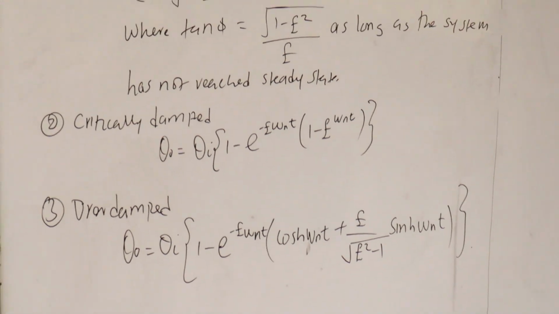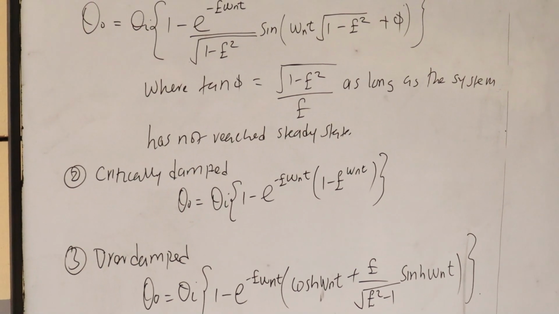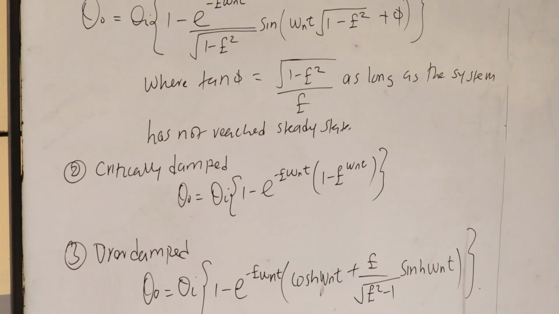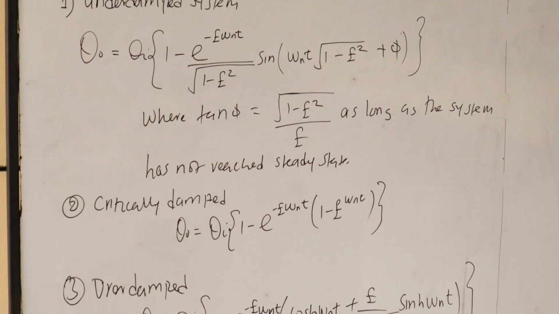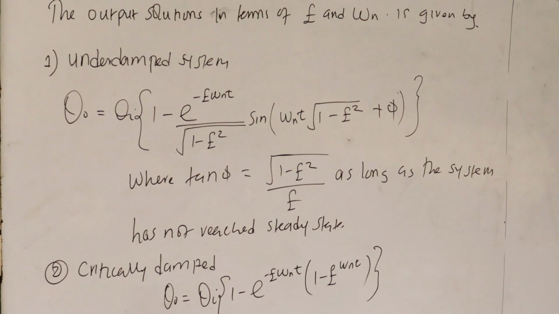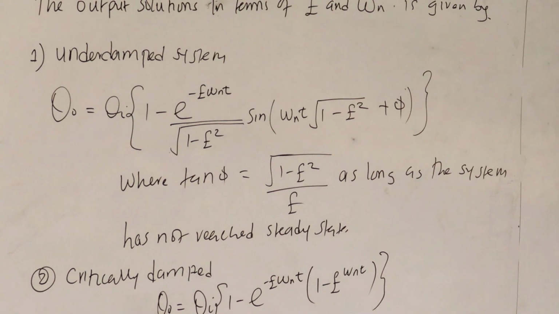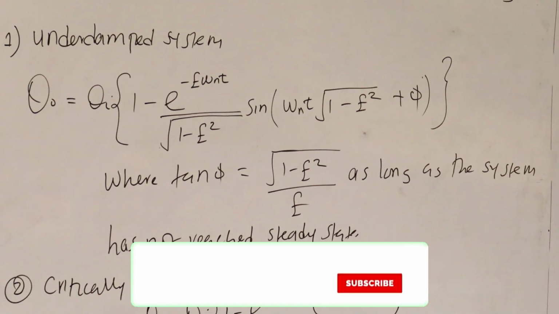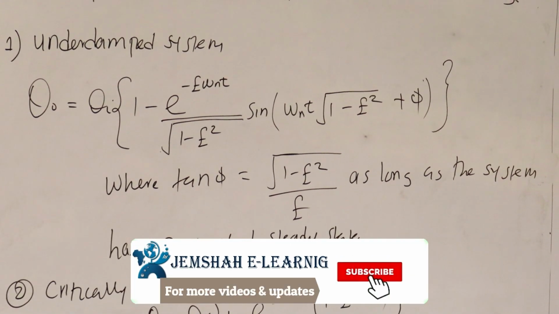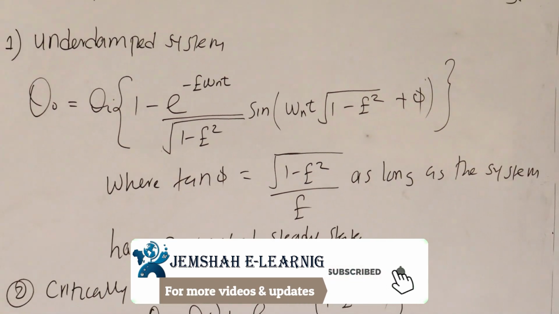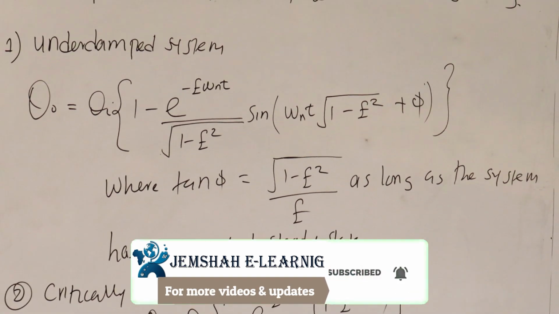We'll notice that if the value of zeta is increased, then there are several things that will happen. The first one is that the response will become less oscillatory.